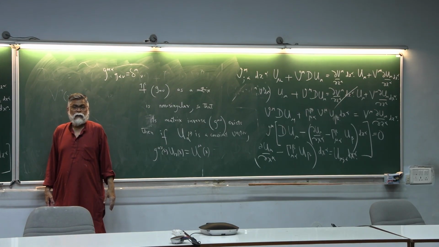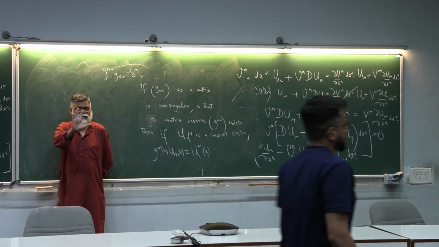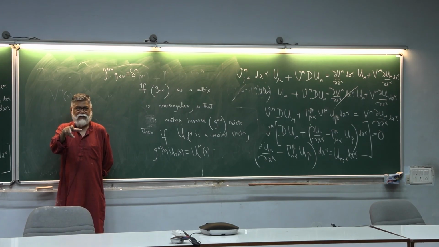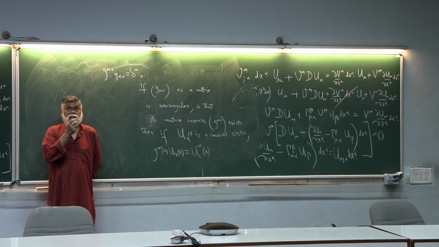Always invertible? Not always. There are cases, but they are of course theoretical cases. In real life, what are the physical cases when it is not invertible? I don't know of any physical concrete problem in which the metric is non-invertible.